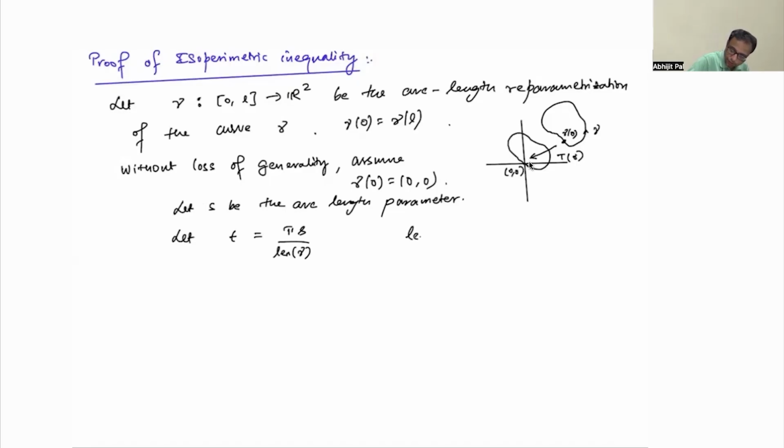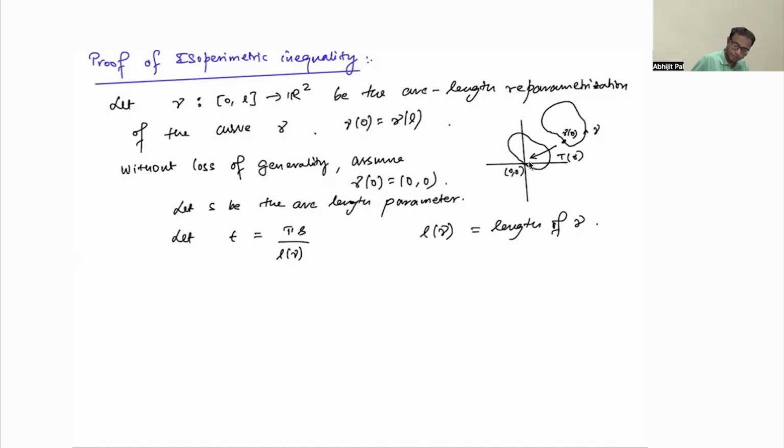In short, I'll write L gamma, which is the length of gamma.